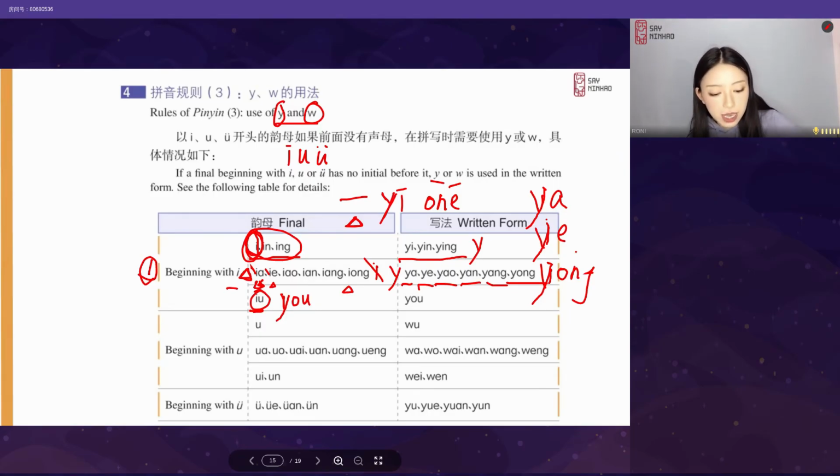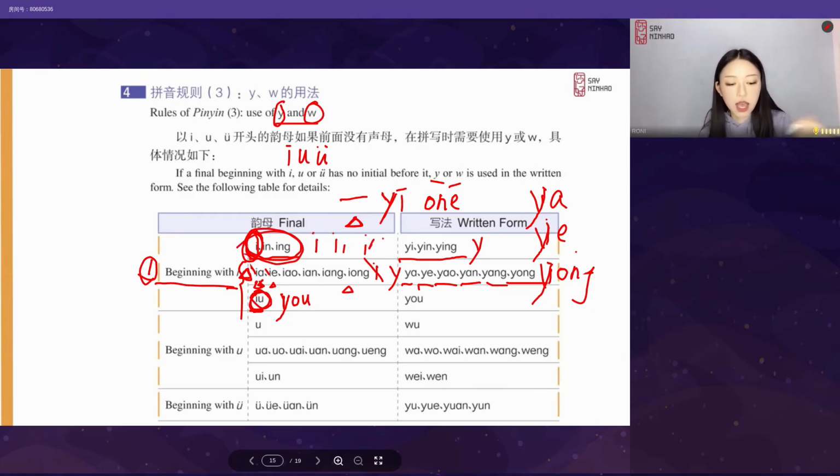Okay, so we can see in this situation, when the final begins with i, when there are vowels after it, we will remove i and put the initial y before it. And when it is you, we will still remove the final i and put the initial y before it. And for the other occasions, for i, in, and ing, we will just put a y before it. We won't remove the final i. So it is the same as this, beginning with u.